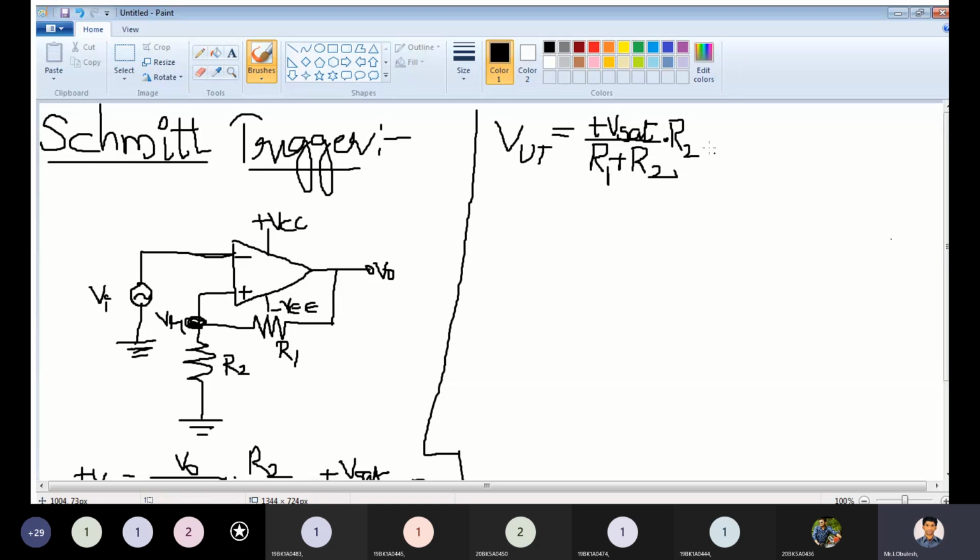This is for the upper threshold. For the lower threshold, VLT is equal to minus V saturation divided by R1 plus R2 into R2.